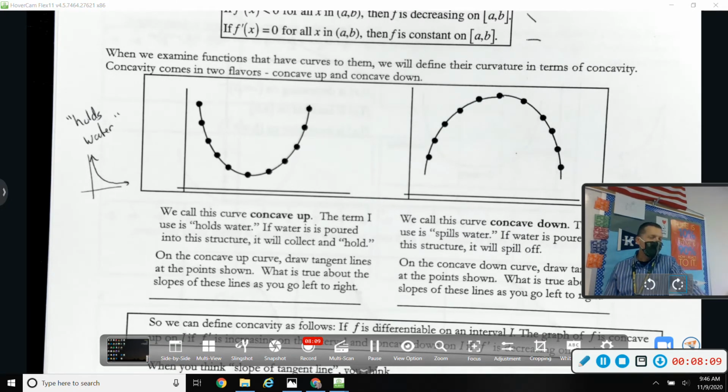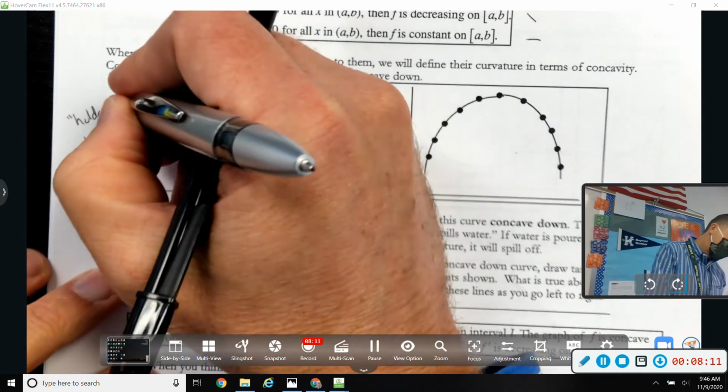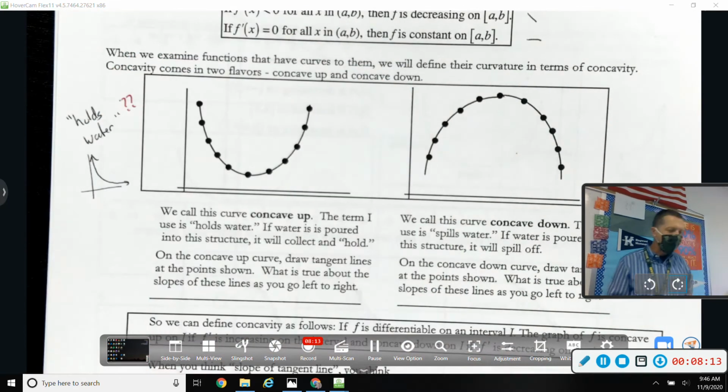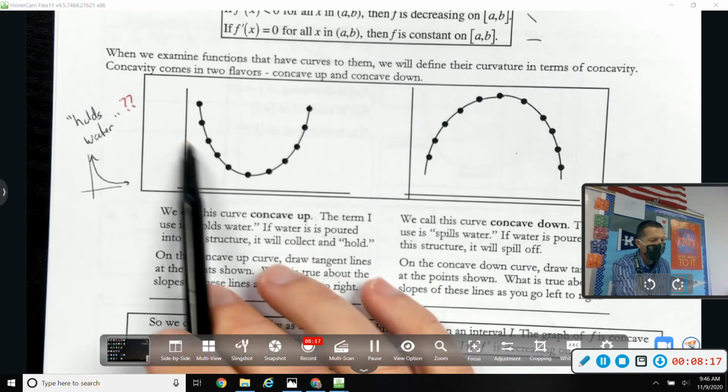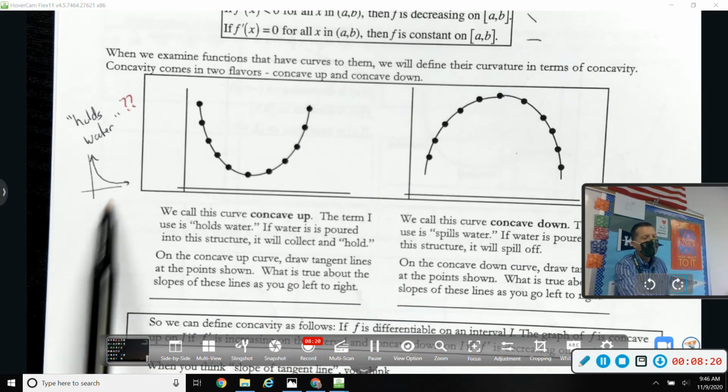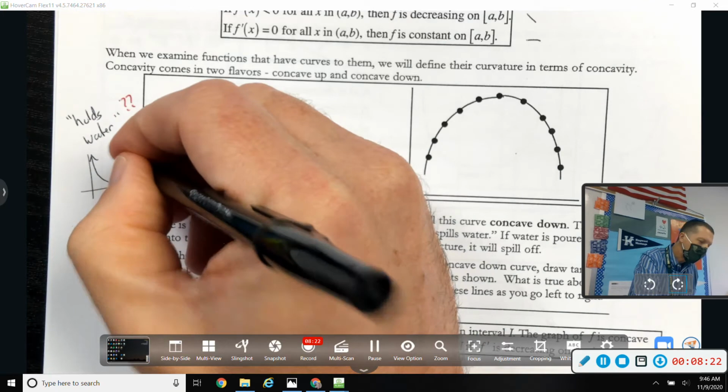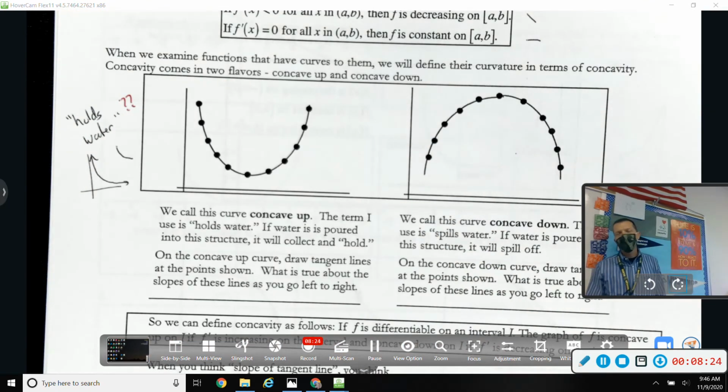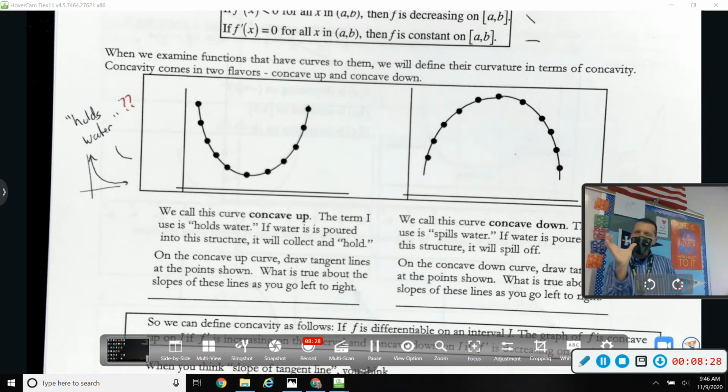No. So that's why he puts it in quotes, because if you have a full turn, then sure, it would hold water, but you could be concave up and not hold water. I see what he means, and I've used the terms bowl up and bowl down, but be careful with holds water.